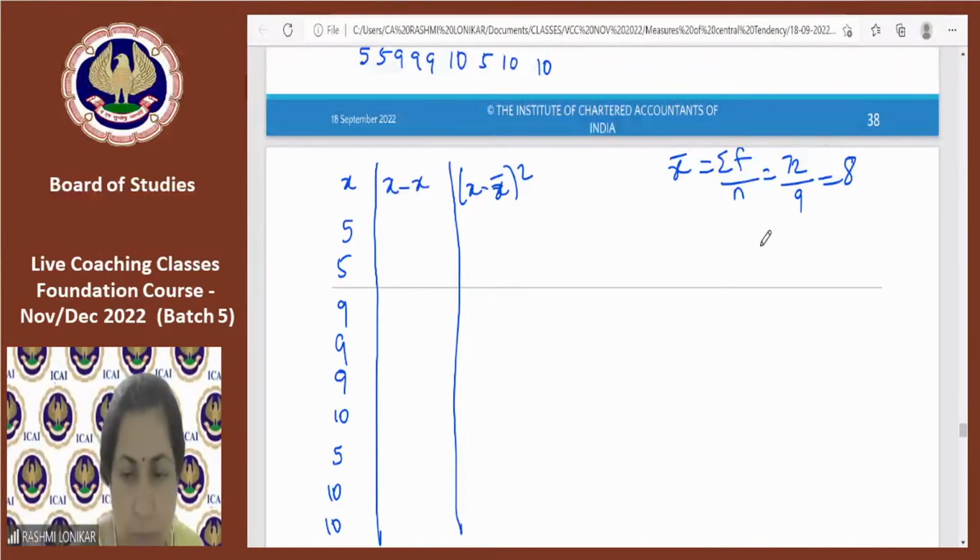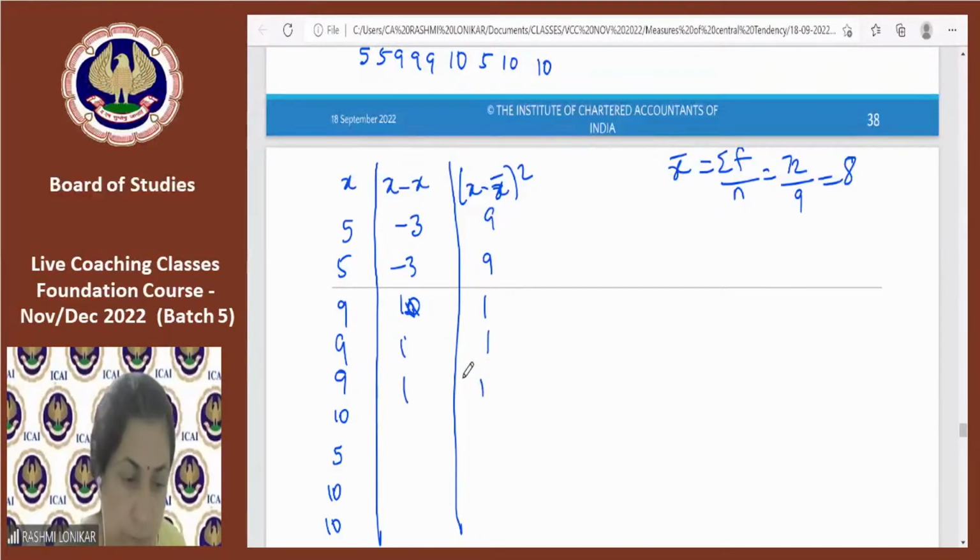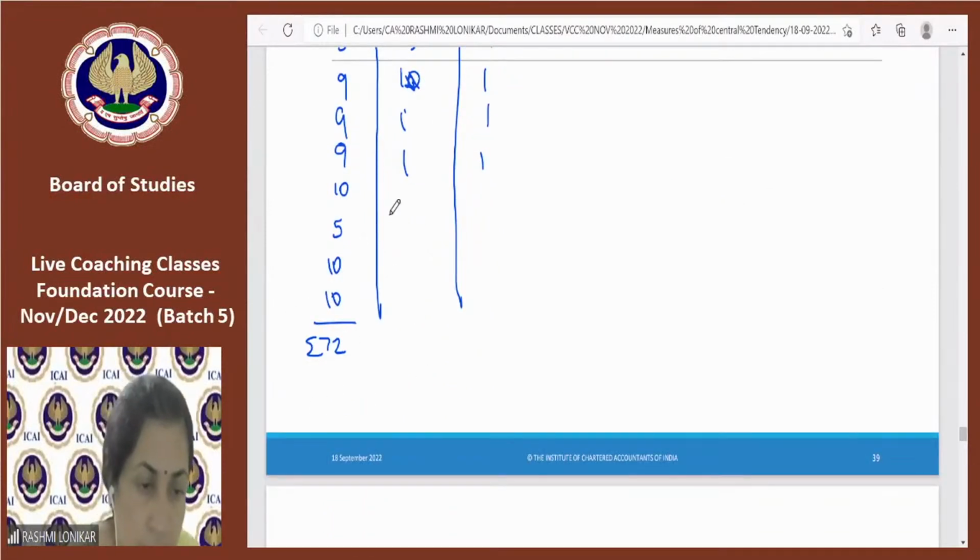So 5 minus 8, minus 3, square, 9. 5, this is again the same. 9 minus 8, 1. This is 1, 1, 1. Then 10 minus 8, 2, 2 square, 4. 5 minus 8 gives 9.